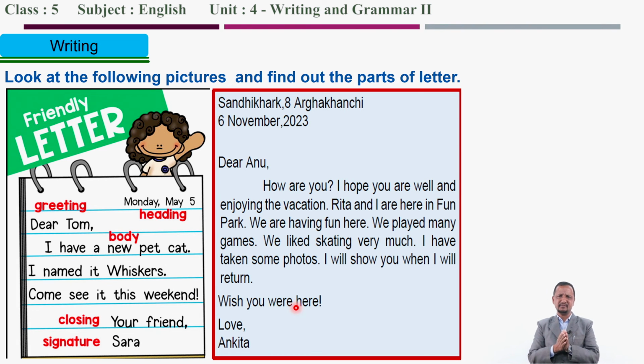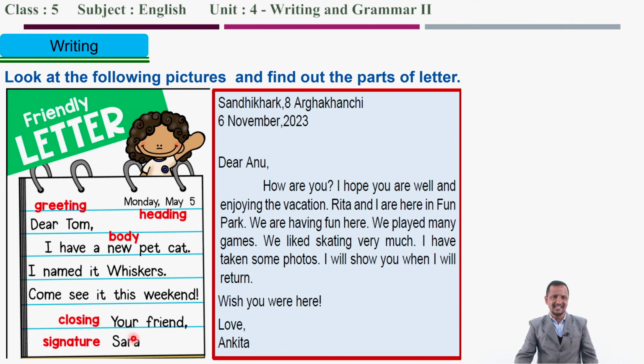So dear student, can you list out the different parts of the letter? Yes, very good. Greeting, heading, body, closing, and signature. And here, this type of letter is a little bit different. Here, the timeline, and then the heading is written on the right side of the page.